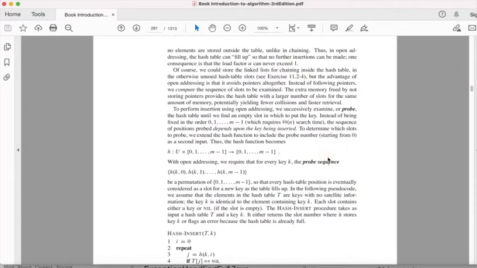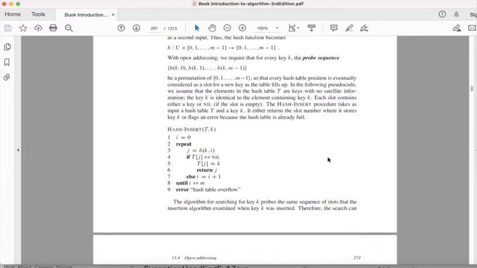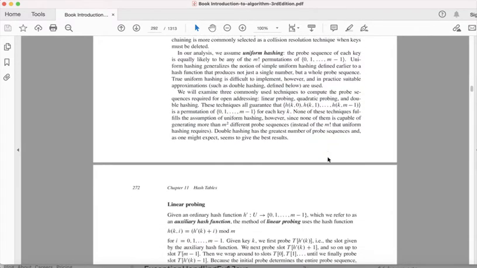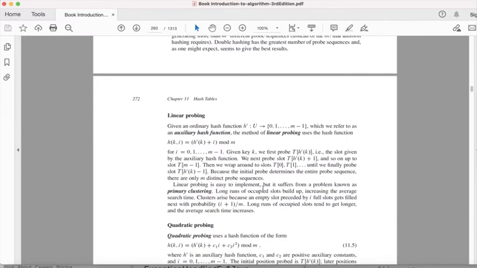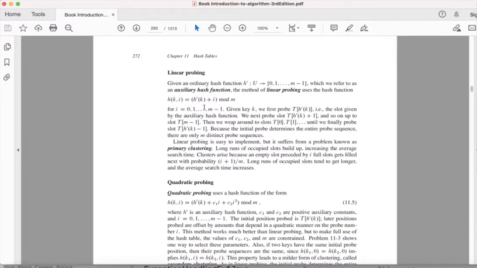In this process there are two kinds of probing: one is called linear probing and another is called quadratic probing. For linear probing, what do we use? Let me write it down here.